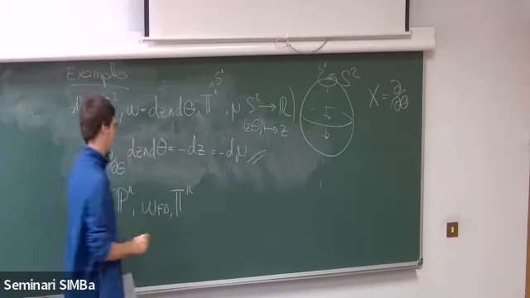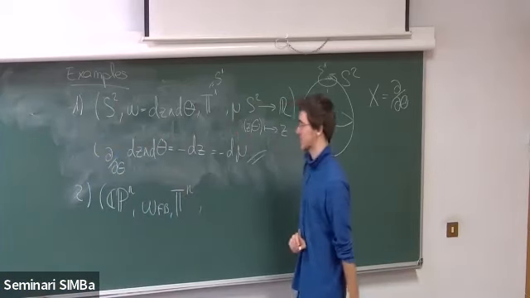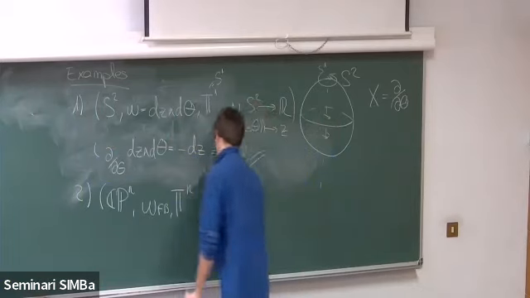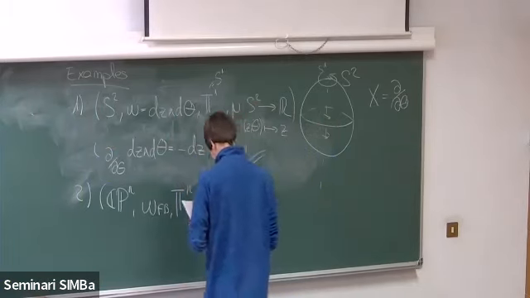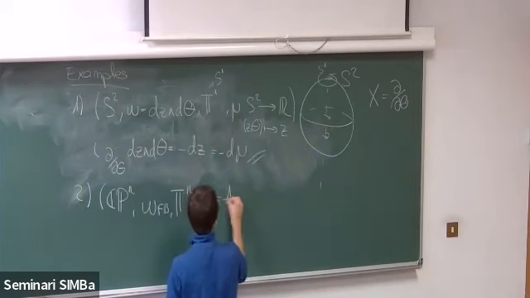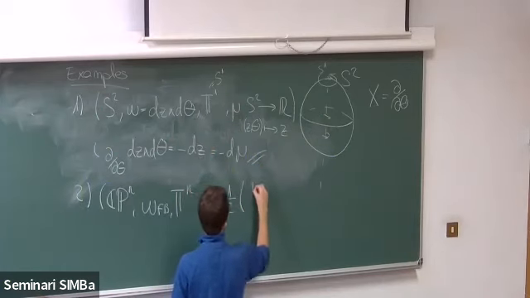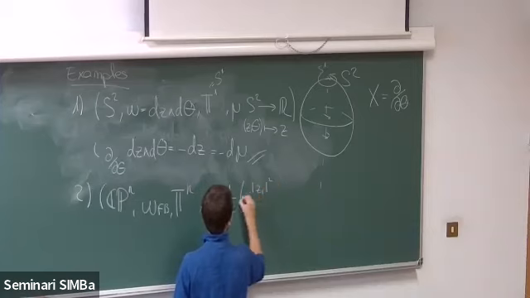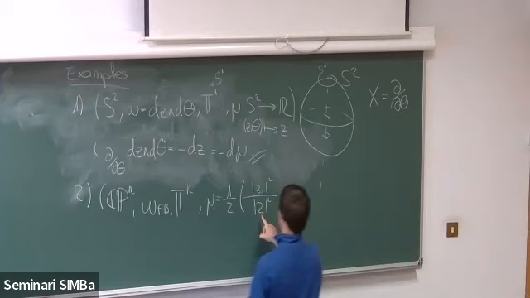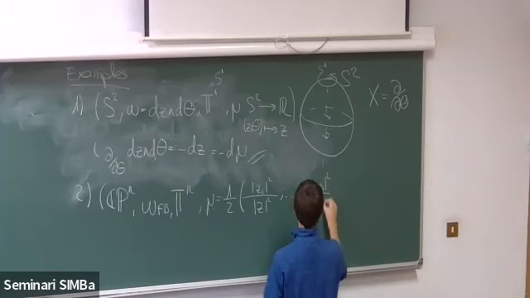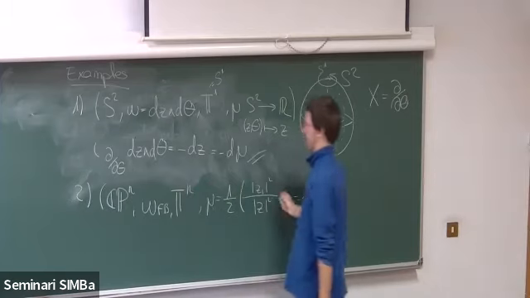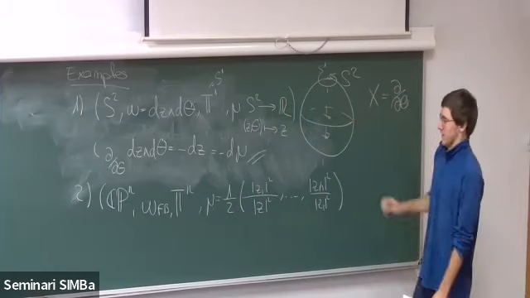So T^n can act as a torus of maximal dimension, with moment map equal to one half of the modulus squared of each coordinate divided by the sum of the squared moduli of all the components. So this would be the moment map of the action on CP^n.